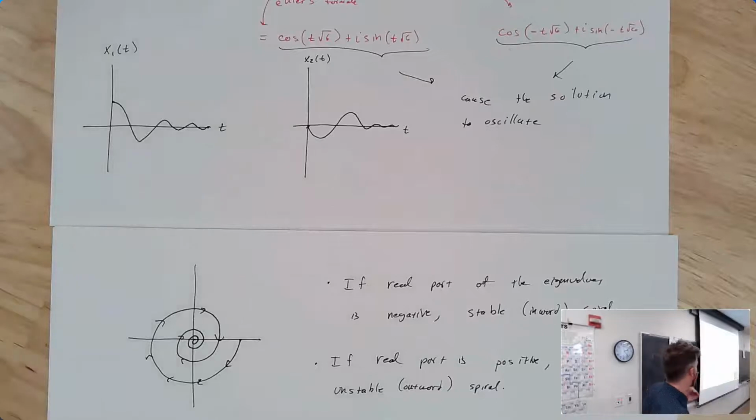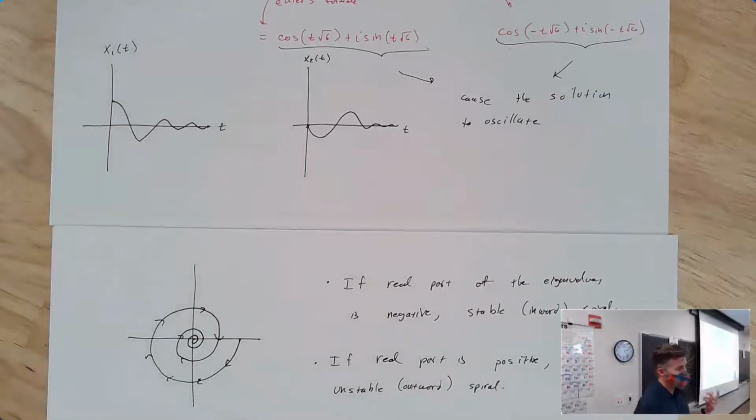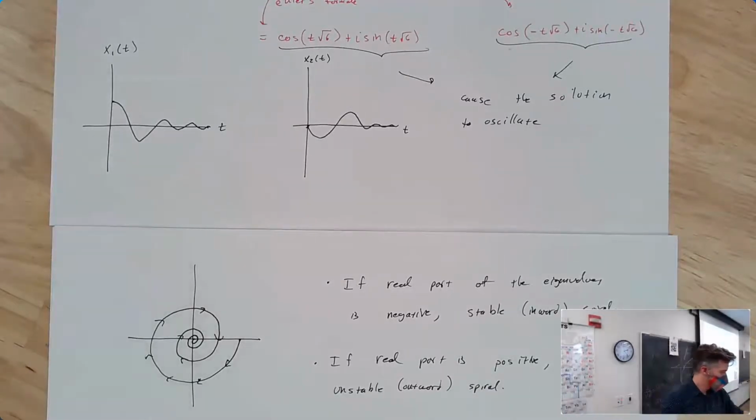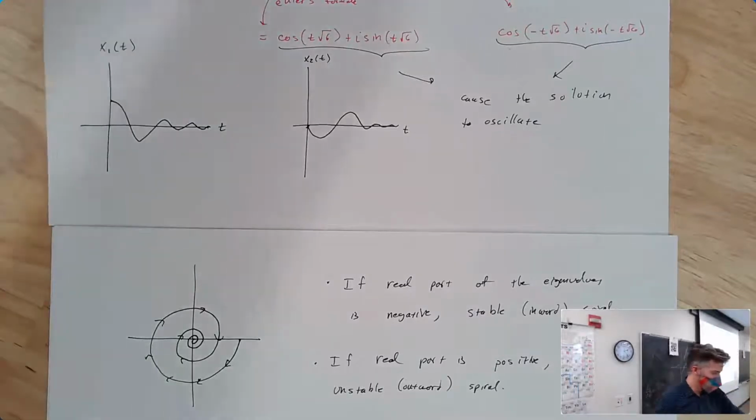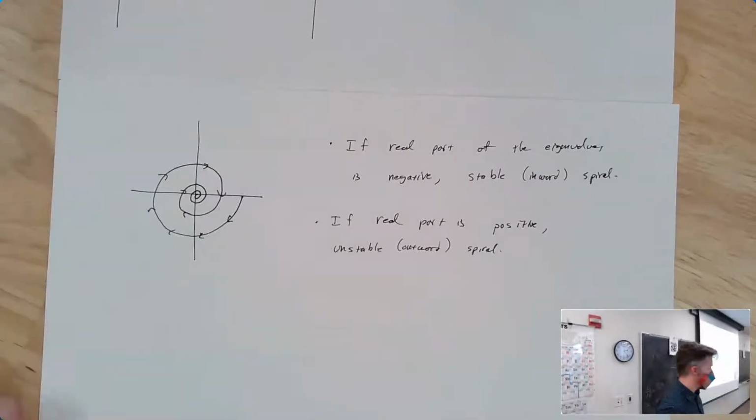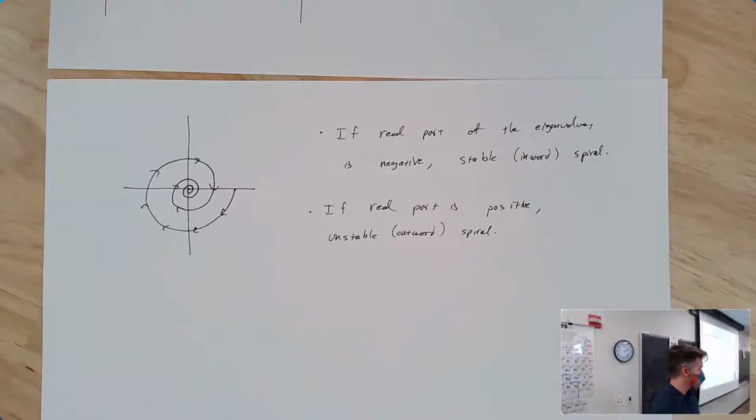So when it comes to classifying, it's not too terrible. All we have to do is figure out if the eigenvalues have a positive real part or a negative real part. I suppose there is one other option. If you're not positive or you're not negative, what are you? There's one number, 0.